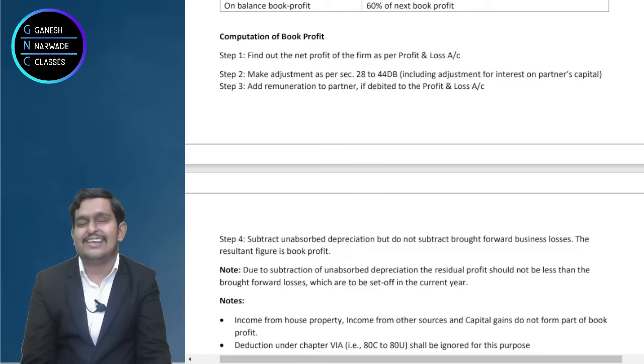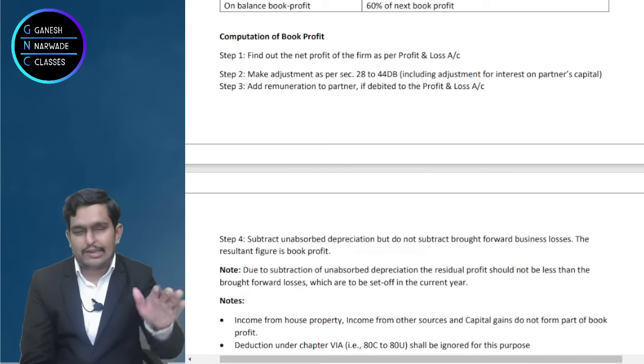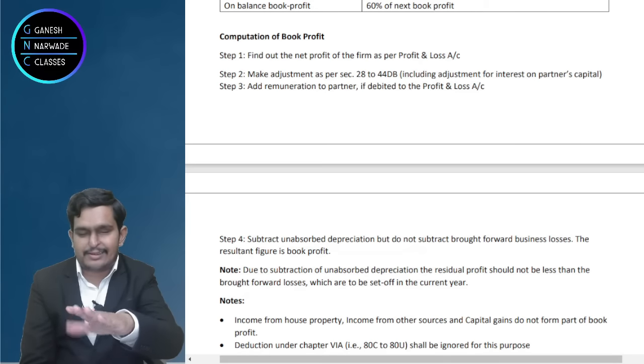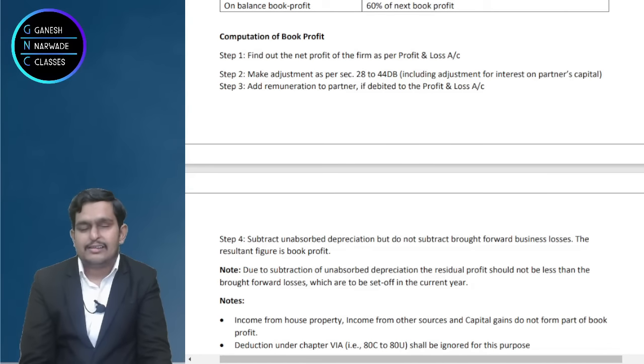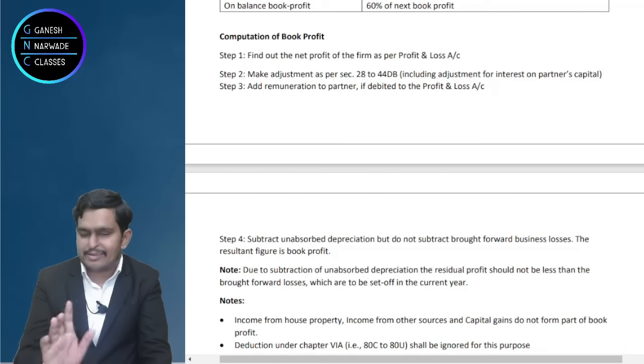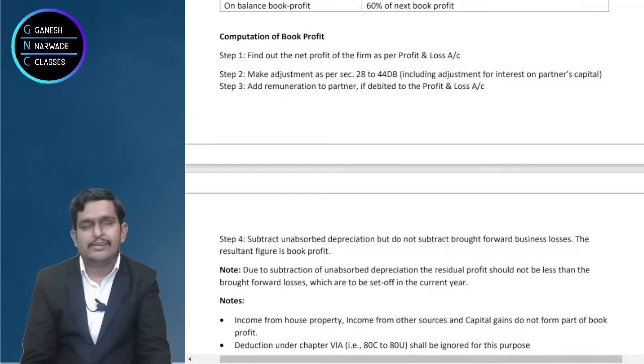But there is some litigation here also. Whatever your gross book profit before unabsorbed depreciation is, from that you deduct unabsorbed depreciation, but ensure that your book profit doesn't go below the brought forward business loss. That means your book profit should be more than or equal to your brought forward business loss.